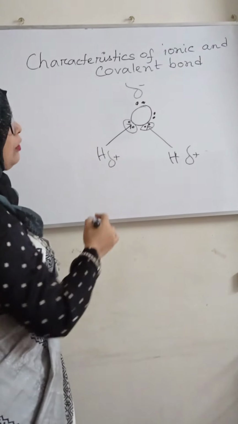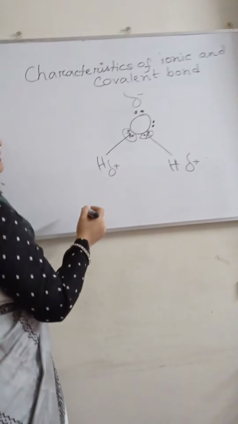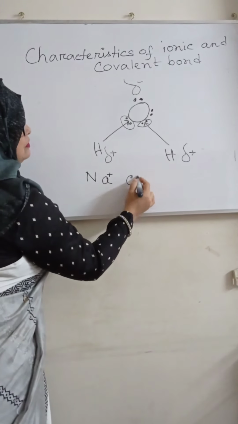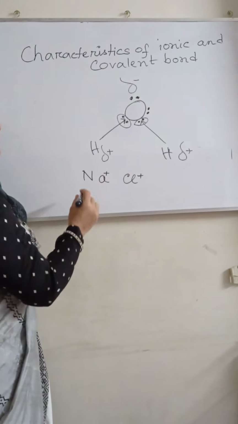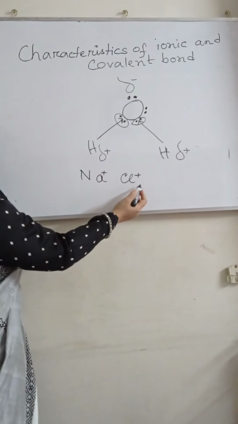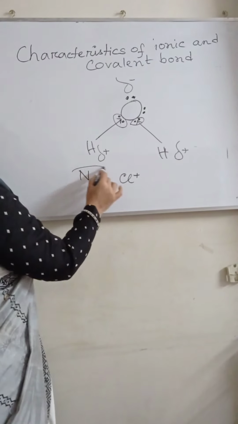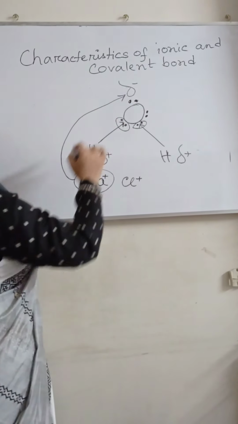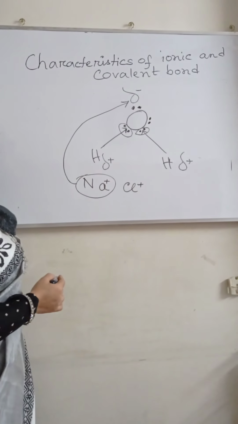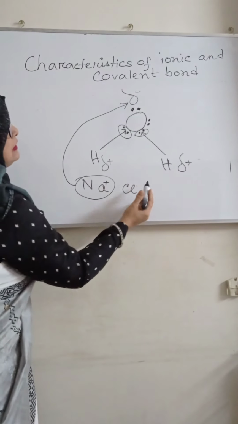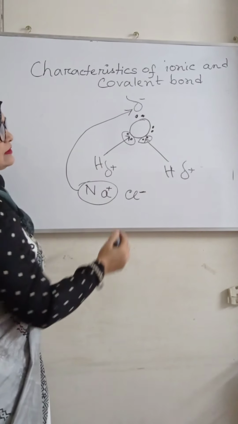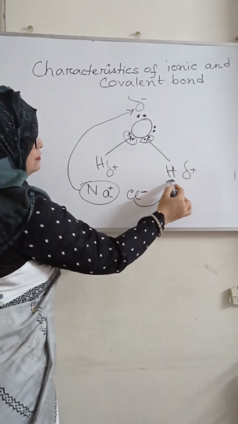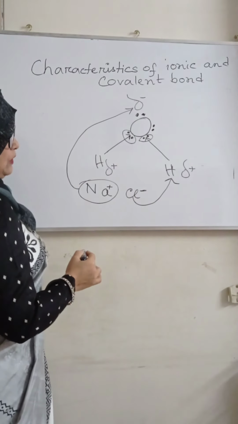When an ionic compound dissolves in water, suppose sodium chloride, an ionic compound has cations and anions, you know, this cation is attracted by the partial negative charge of water, and this anion is attracted by the partial positive charge of water.